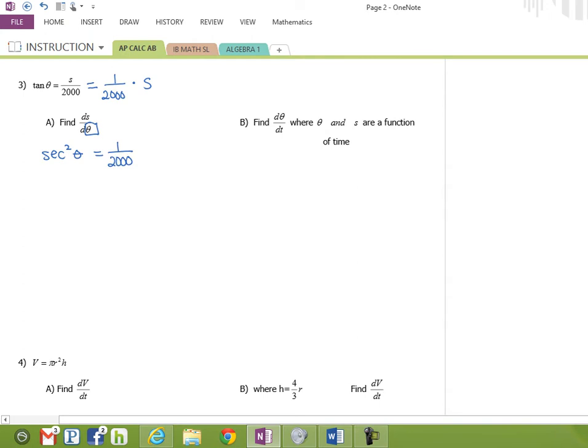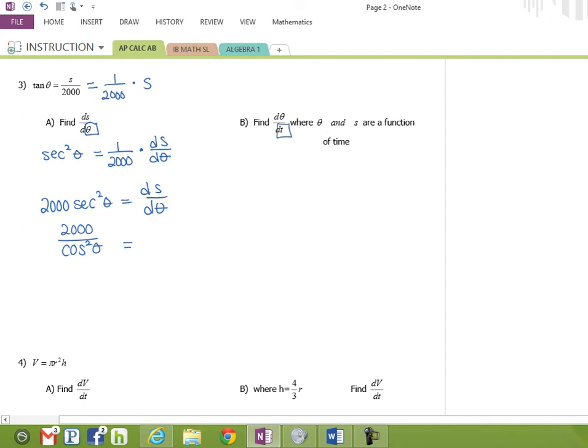That's multiplied by the derivative of s with respect to theta, and we get this guy. So the answer is 2000 secant squared theta is equal to ds/d theta, and that would actually be the same thing as 2000 over cosine squared theta. So either of those two would be an answer.